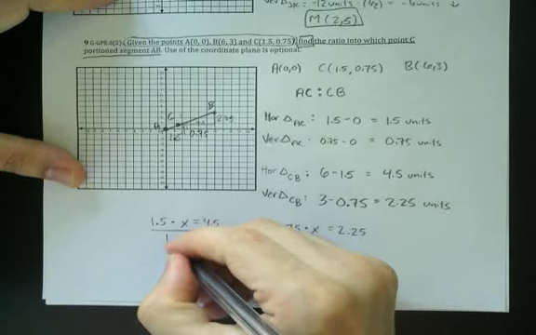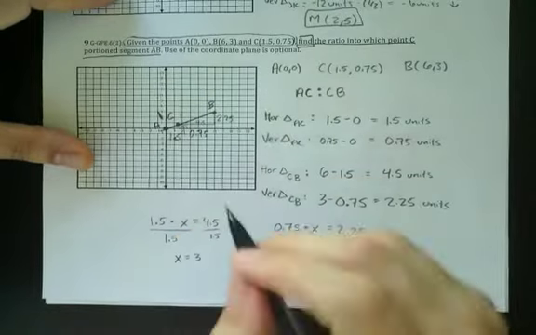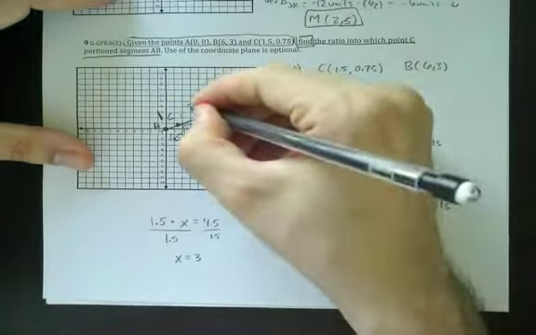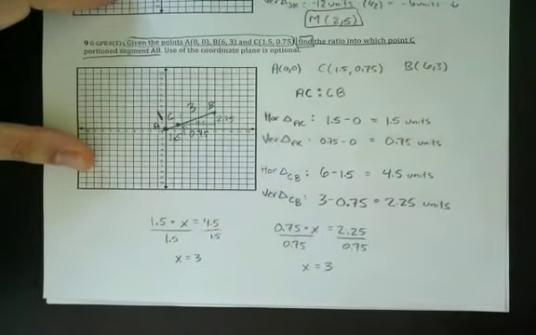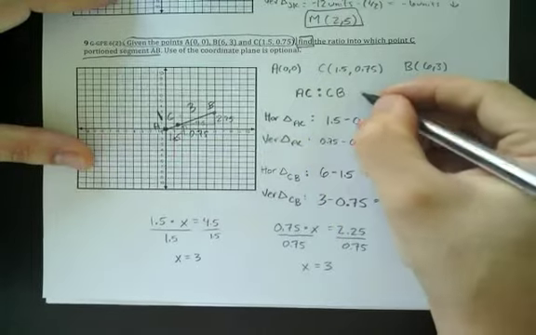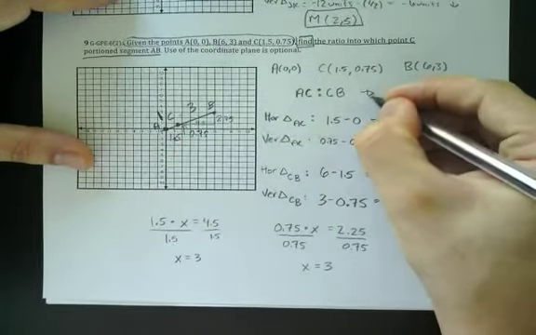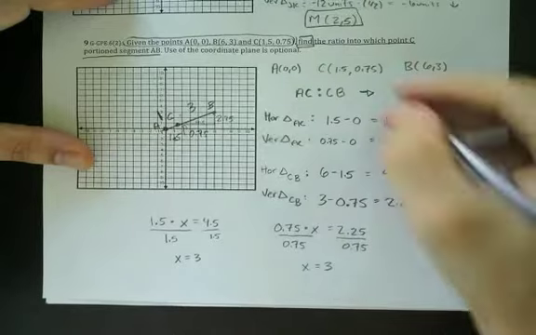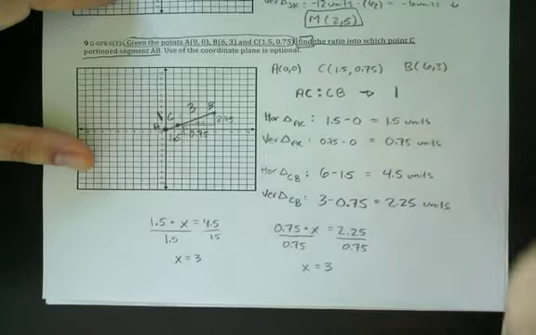So if the segment AC is only one part, then this is 3 times larger, which means this would be 3 parts. So I can rewrite this ratio now that I know the parts: AC is one part.